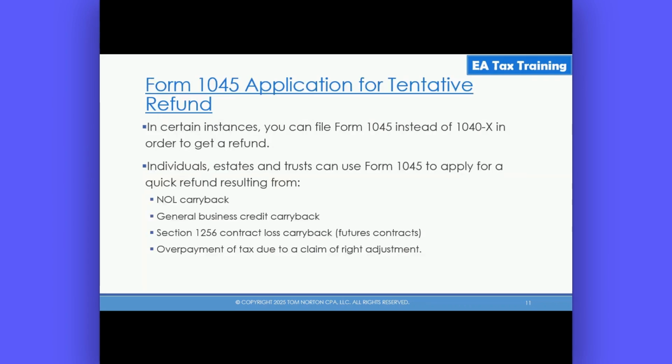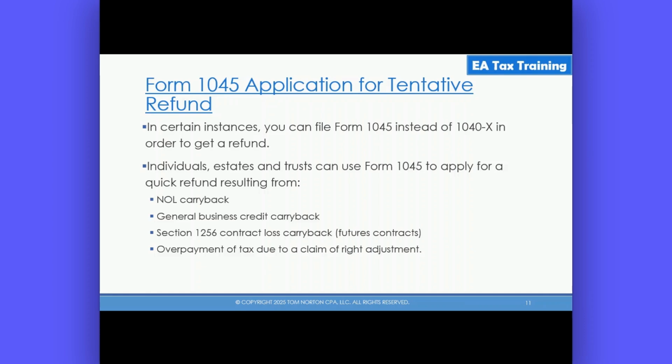There are certain instances where instead of filing a Form 1040X, you can instead file a Form 1045, which is an application for tentative refund. So as the name implies, you have to have a refund, and you have to have a refund for a very specific reason in order to file this Form 1045.